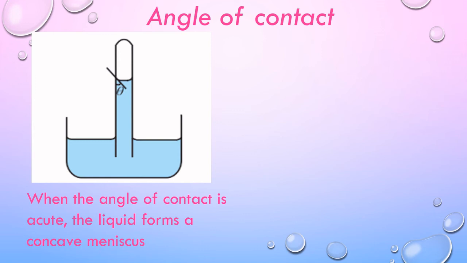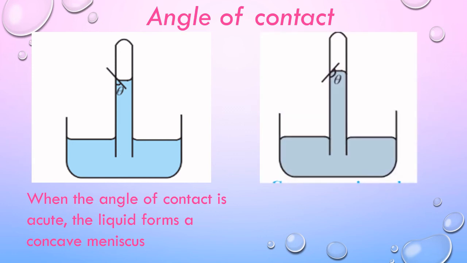Here the angle of contact is less than 90 degrees. So when the angle of contact is less than 90 degrees, that is an acute angle, the liquid forms a concave meniscus.